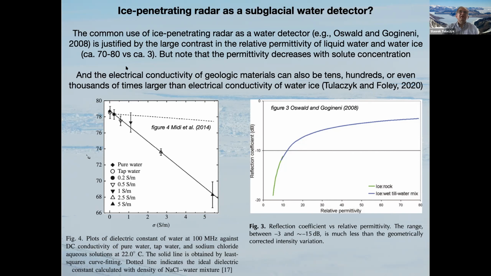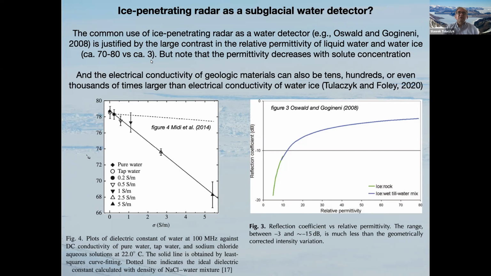And to some extent that is certainly justified, because of the large difference in permittivity of liquid water versus water in its solid form. A factor of 20 or more is a big difference.